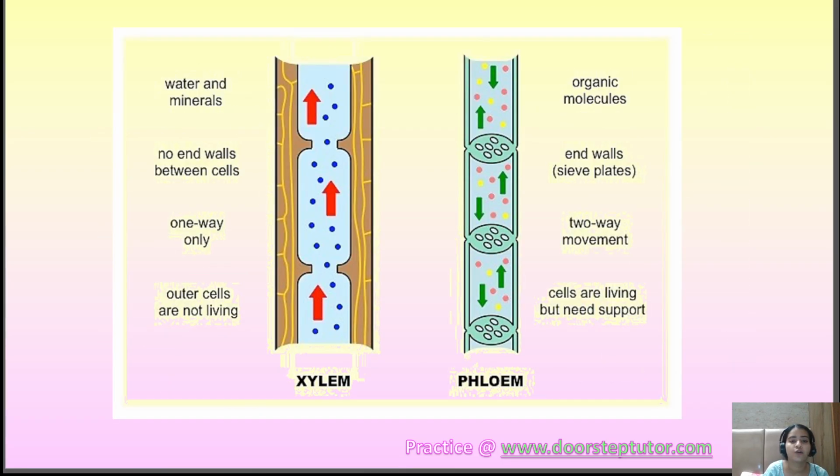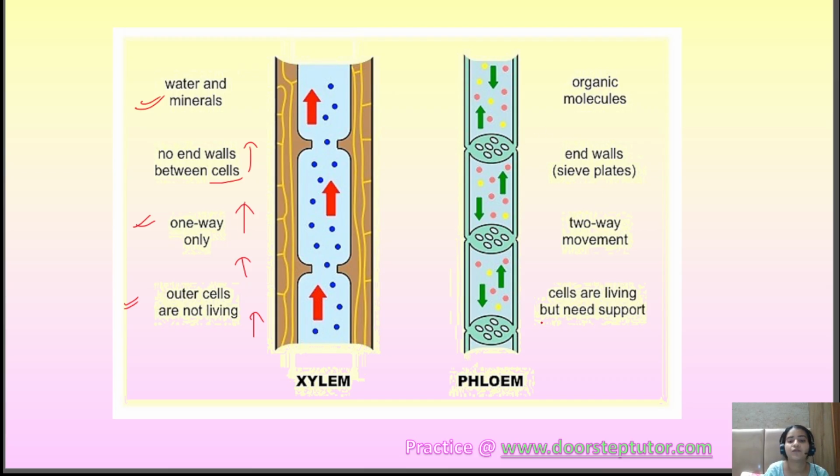Now let's have a look at the conduction as well. In case of the xylem, only one way transport is there, that is from downward to upward, and in this one water and minerals are transported. There are no end walls between the cells, and it is one way only. Apart from this, outer cells are not living in this one.